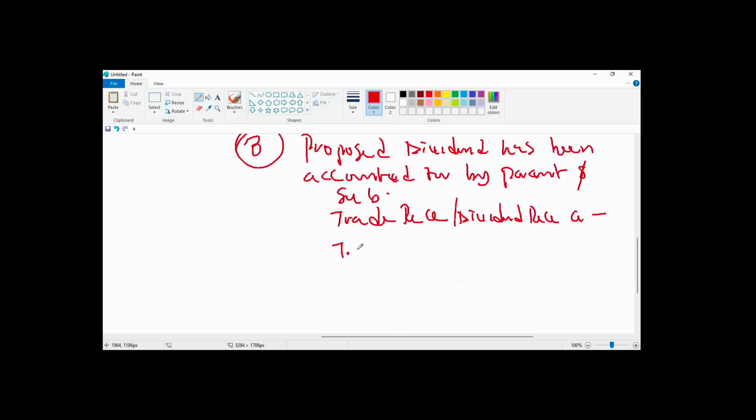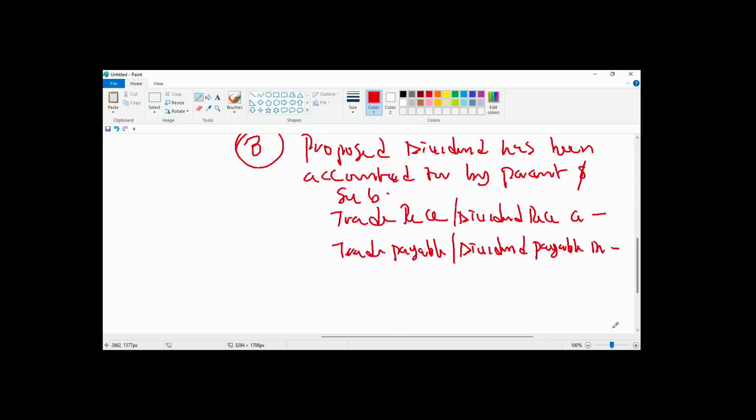The unassessed trade payable slash dividend payable. Debit. That's all.